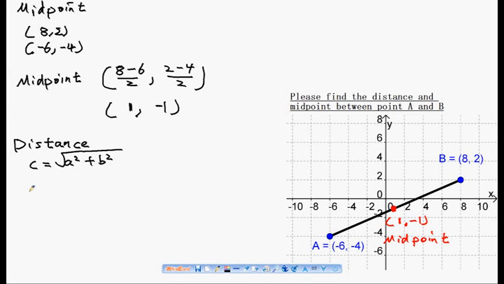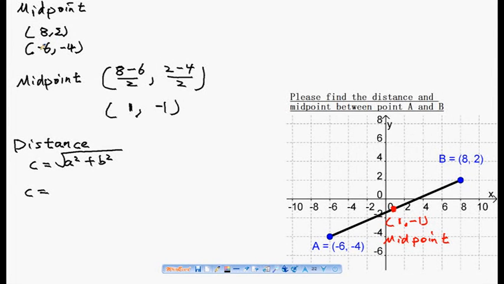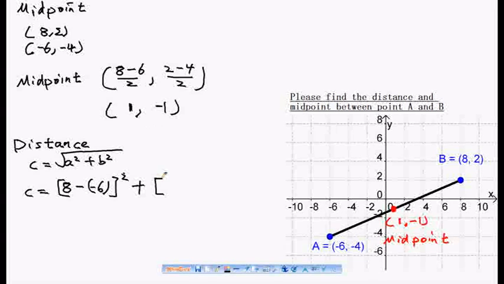So a is the horizontal distance, which is 8 minus minus 6, squared, plus the distance between your y coordinates, which is 2 minus minus 4, squared, and the square root of them.